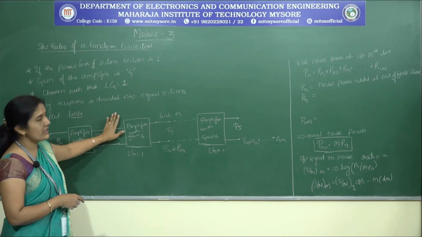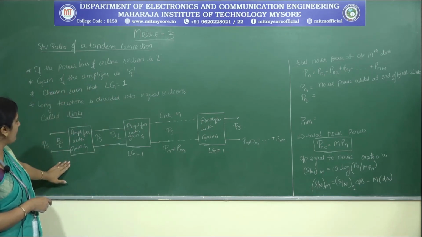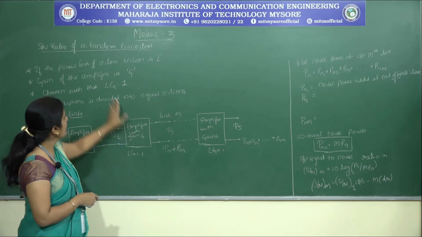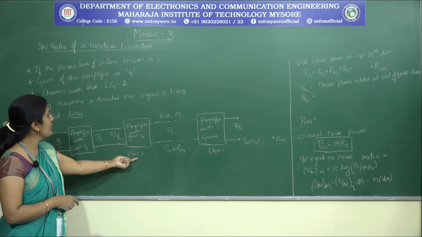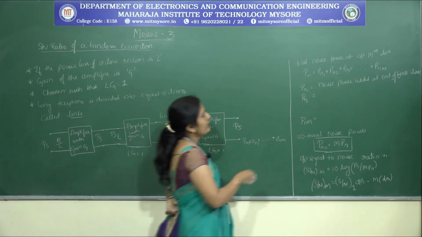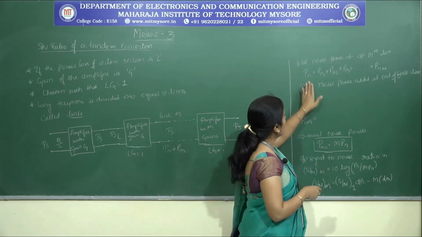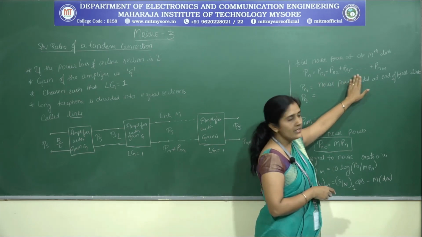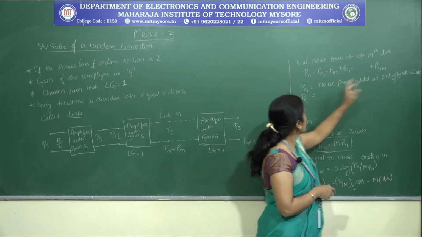If the power loss of a line section is considered as L, and the gain of the amplifier is considered as G, we have to choose the loss of the line section as well as the amplifier such that LG is equal to 1. In this connection, we can write the total noise power at the output for the mth link as Pn is equal to Pn1 plus Pn2 plus Pn3 up to Pnm.